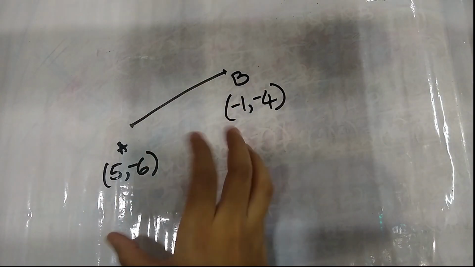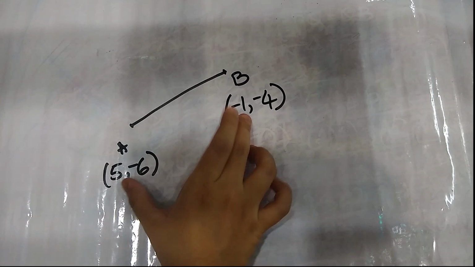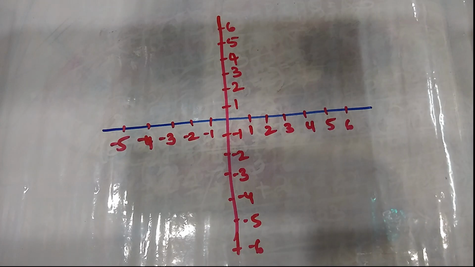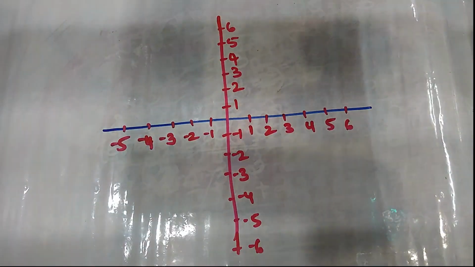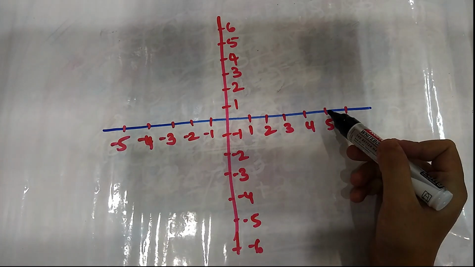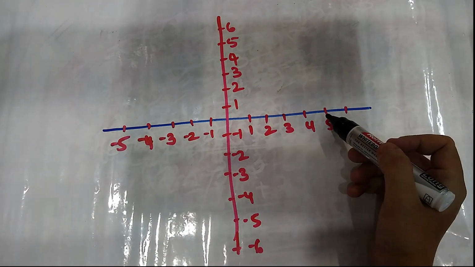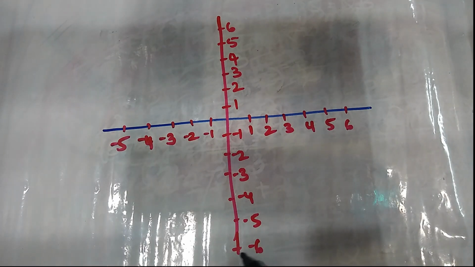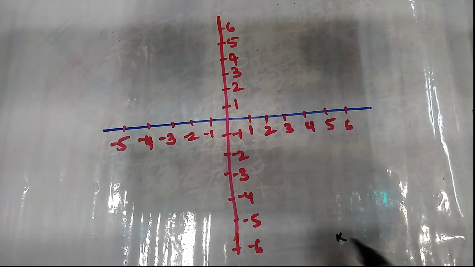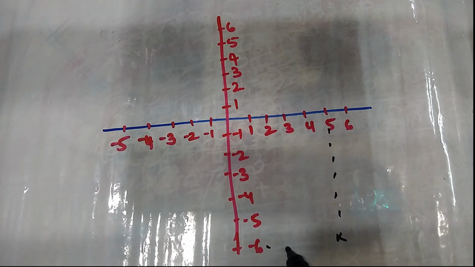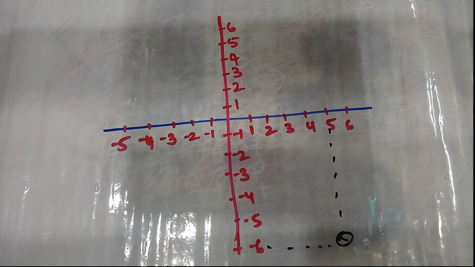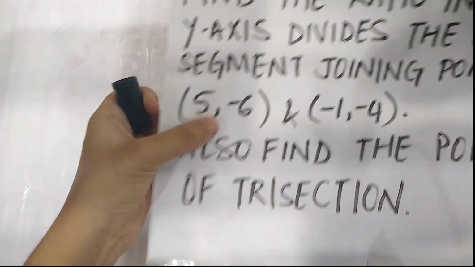Now if we try to draw these two coordinates on a graph, it would look something like this. The first coordinate that we have is A, 5 comma minus 6. So 5 should be on the x-axis, so 5 is here, comma minus 6, which should be on the y-axis, is here. So this is the first point.